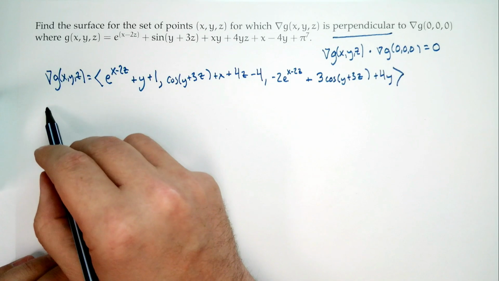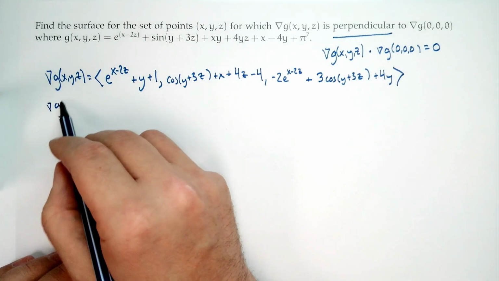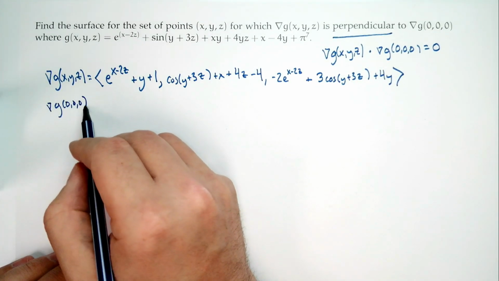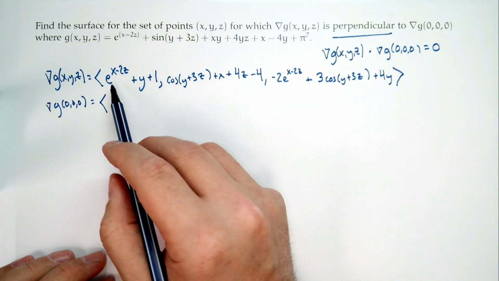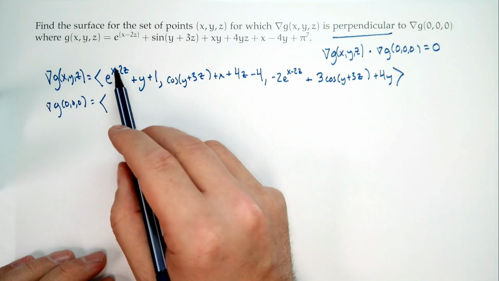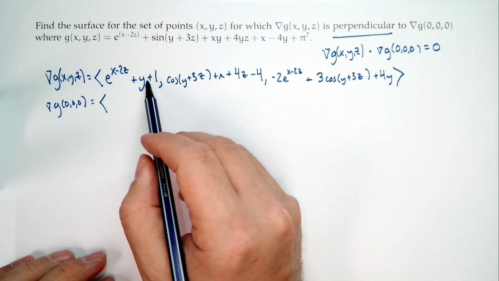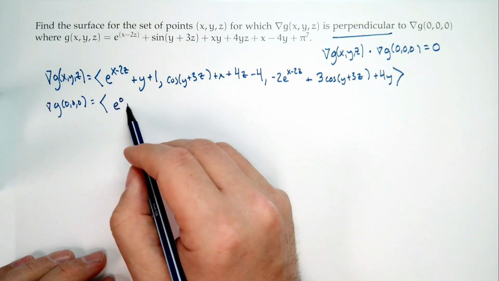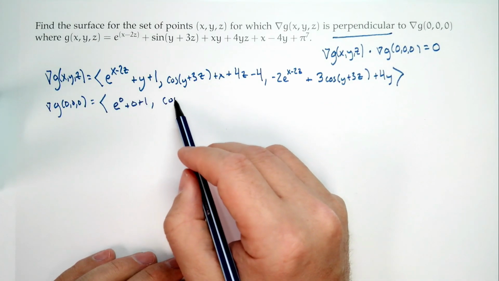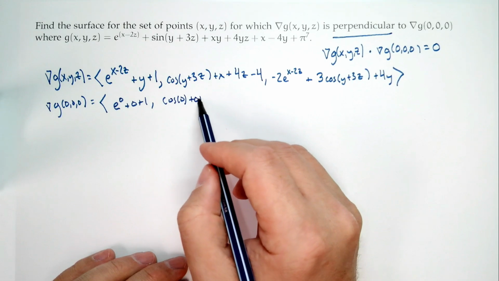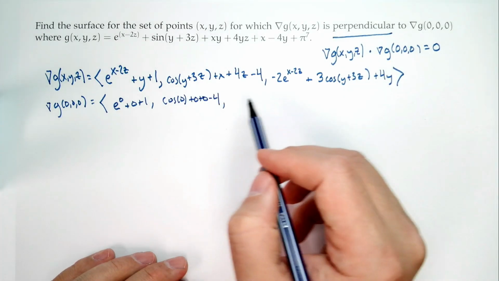Now, what's our gradient of g at 0, 0, 0? Well, the good news is 0, 0, 0 is easy to evaluate. So we're going to get e to the 0 plus 0 plus 1. Then we're going to get cosine of 0 plus 0 plus 0 minus 4.